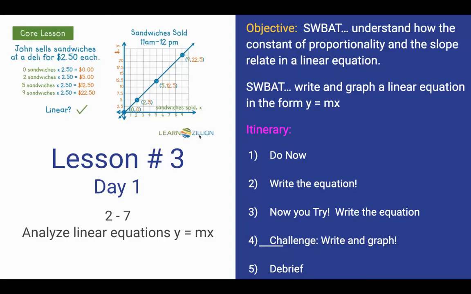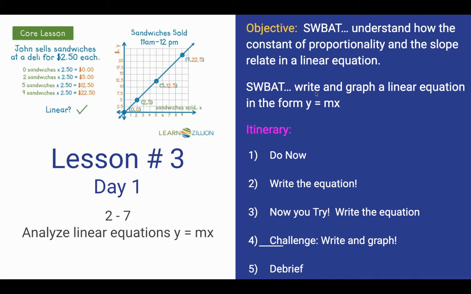All right, let's look at our objectives for today. Students will be able to analyze linear straight line equations. The variable y equals m as the slope, x as the other variable. Understand how the constant of proportionality and the slope relate in a linear equation.